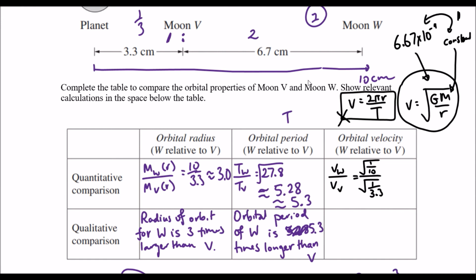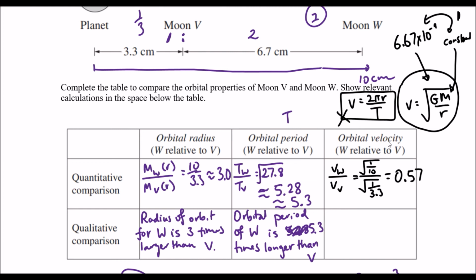Okay, so plug that into my calculator. If we do this, then to 2 sig figs, it's roughly 0.57. So the velocity of W is 0.57 of V, which actually means it's slower, okay?